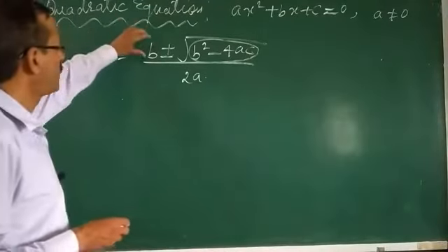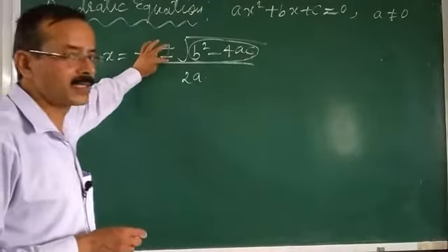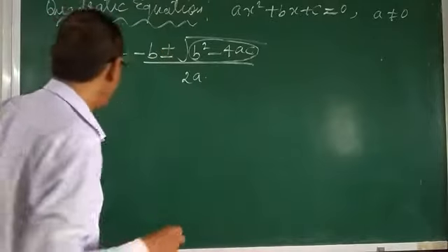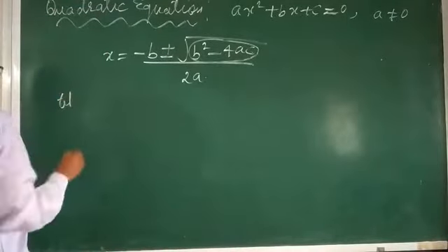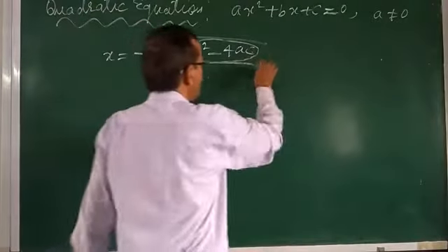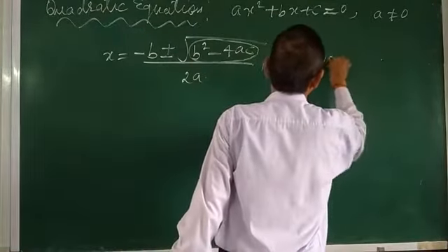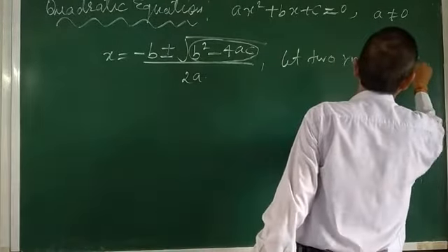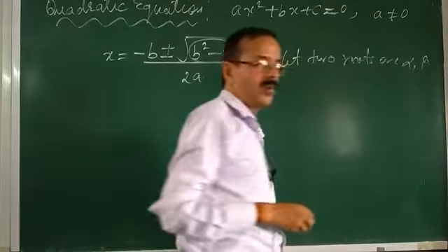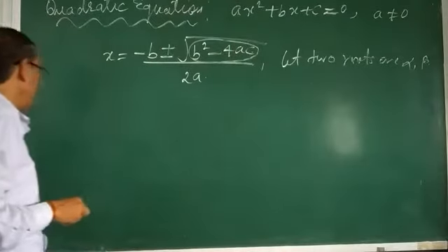here there are two roots, plus minus. So let these two roots be alpha and beta. हमने मान लिया दो रूट अलग अलग अल्फा और बीटा है.